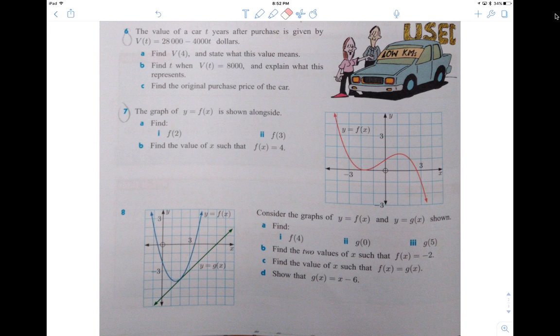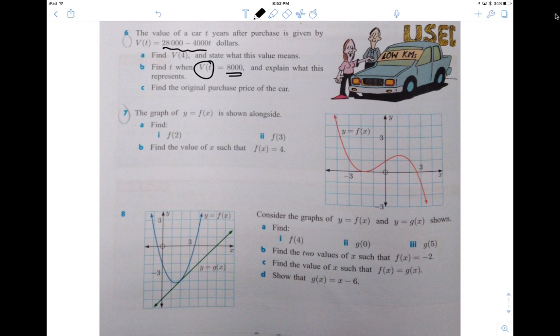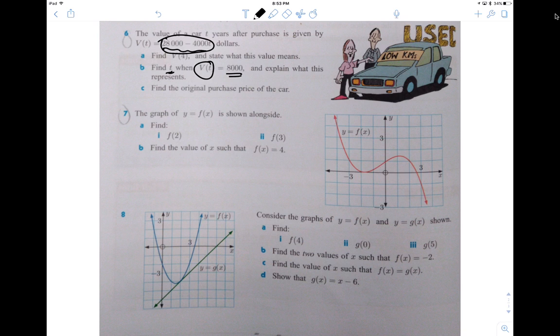And then b says actually that v of t is 8,000. So the value is 8,000. In other words, we've done this function and the result has been 8,000. It's asking us to find t. So this is the formula to calculate v of t, and this is what we've got.